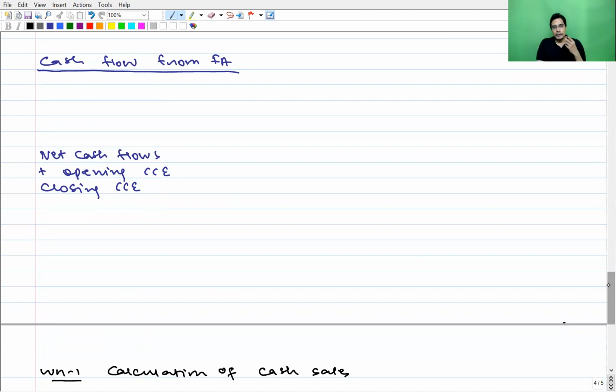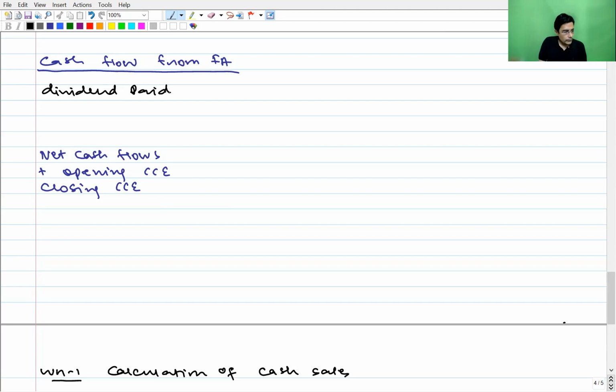But even if it is given in the question, wherever the expense comes related to that expense, whatever tax is there will also come under that heading. Wherever the income comes related to that income, whatever tax is specifically given will also come under that heading. So dividend paid comes under financing activity. So even dividend distribution tax, put it under financing activity.